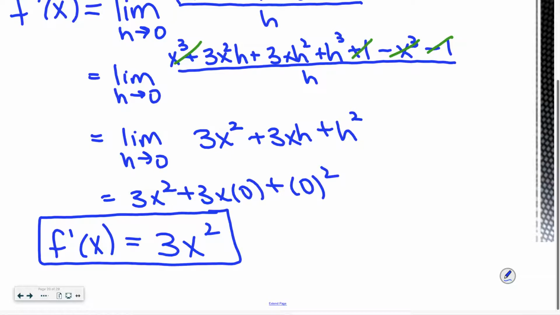Okay, Mrs. Holman, you told me that this stood for the instantaneous rate of change at a point. It stood for the tangent line at a point. You're giving me a quadratic. So what does that really mean? Okay.